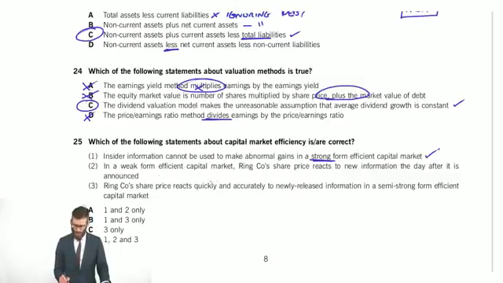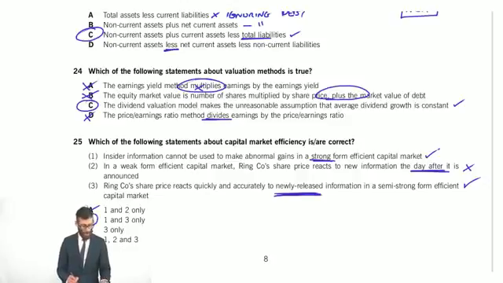In a weak form efficient capital market, Ring's share price reacts to new information the day after. No, it doesn't. In a weak form, it doesn't react to the new information. Ring's share price reacts quickly and accurately to publicly available, newly released information in a semi-strong. Yes, it does. So our correct answer there is not A, it is B. 1 and 3 only.